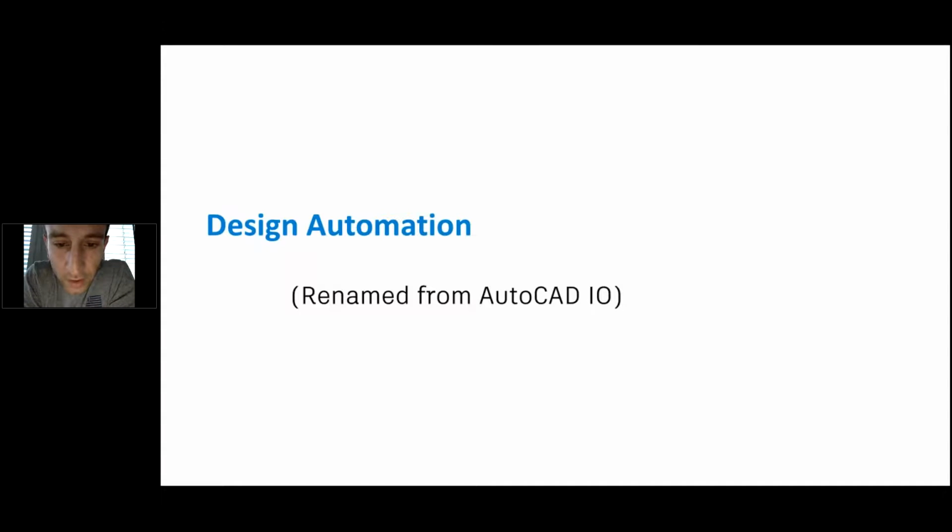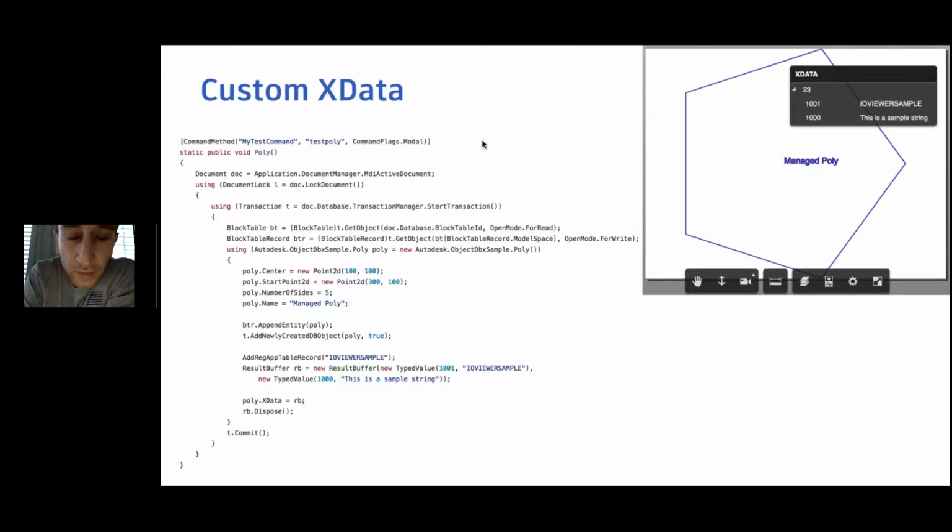It was called AutoCAD IO, and now we renamed that Design Automation. So that's because the scope of this technology is going to be extended not only to AutoCAD, but in the near future to some other desktop products like Inventor and Revit. So the name is wider now. So there is only one thing that is new.